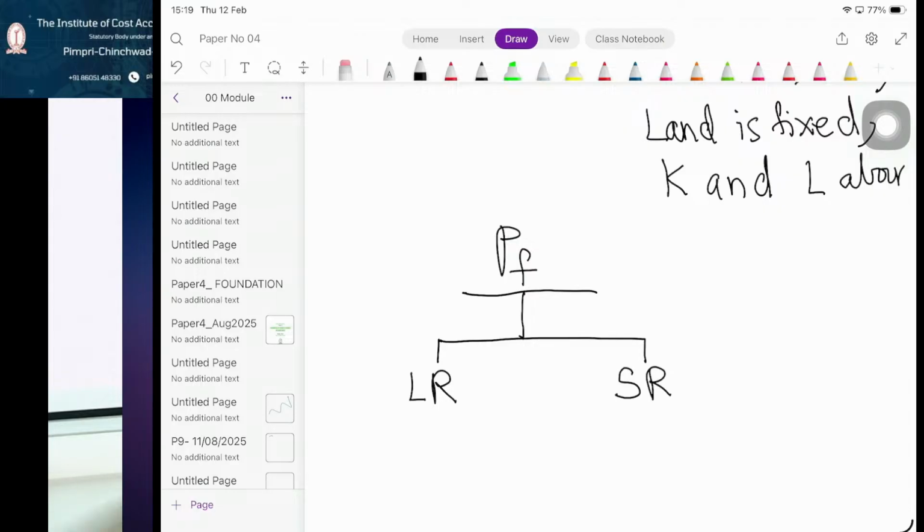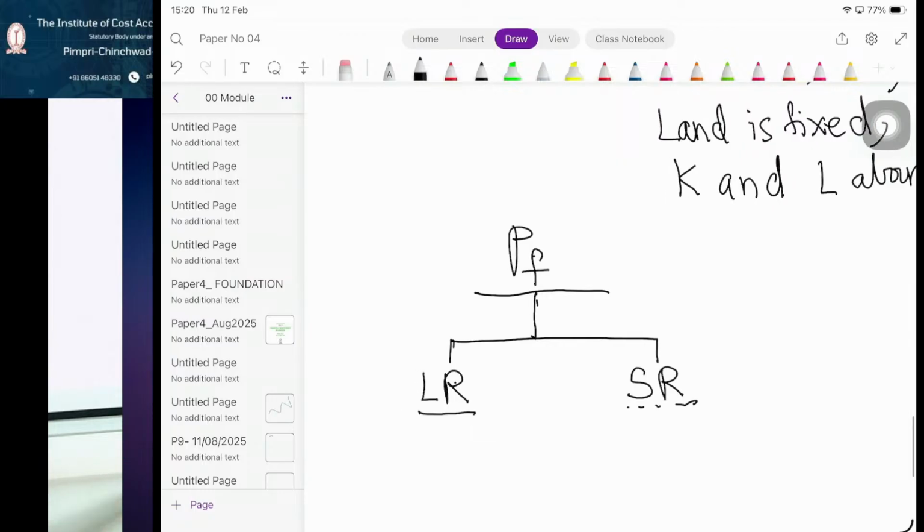I want all of you students to get used to this notation. It helps a lot when you're preparing for exams to write everything in shorthand. So here PF stands for production function, and when I go down on this line to the left, I mean I'm talking about the long run production function. When I'm reading production function and SR, that means I'm talking about the short run production function.